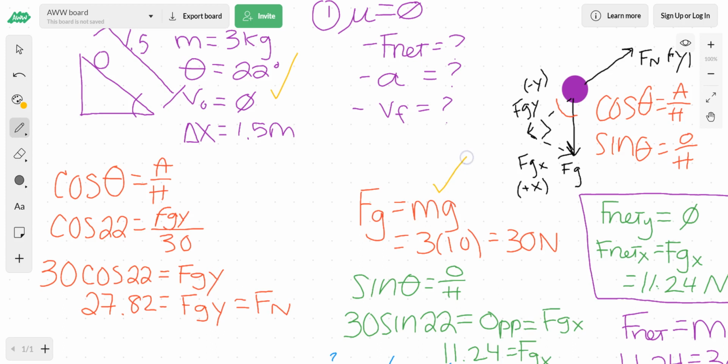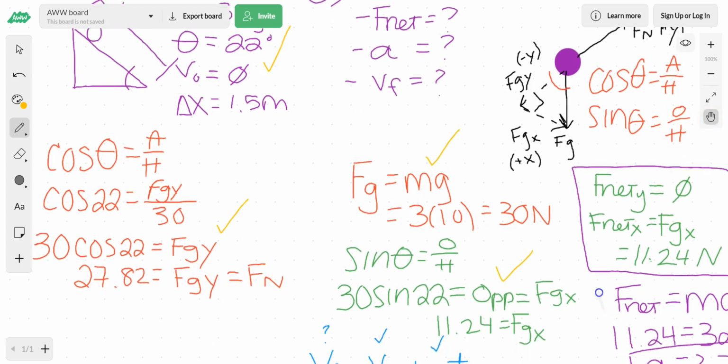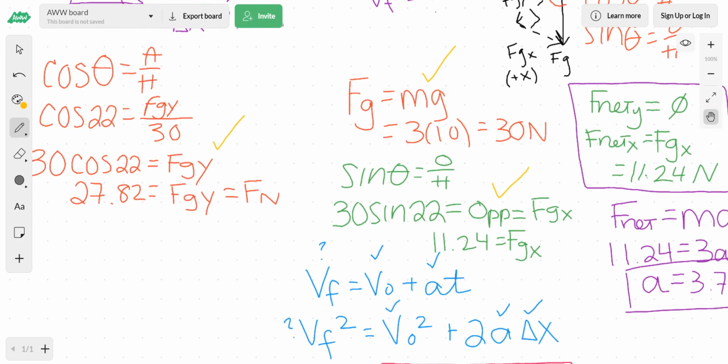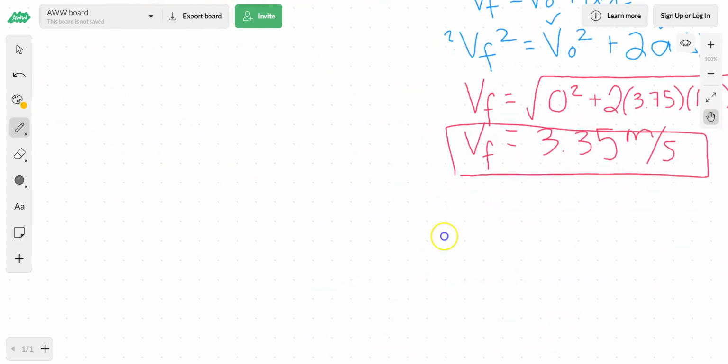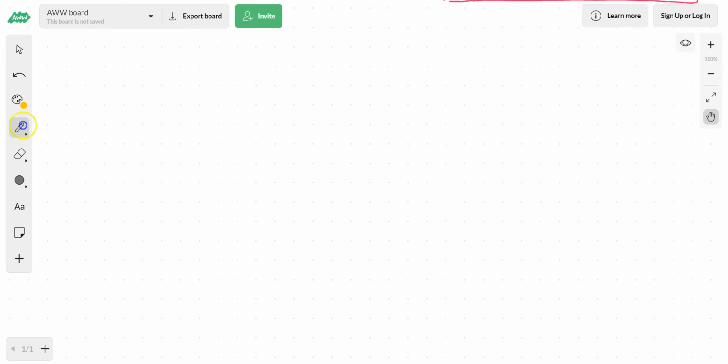Gravity does not change because that does not include a coefficient of friction. So therefore, FGY doesn't change and FGX does not change. Those things stay the same. What does change is that the net force in the x direction now includes friction. So F net x is no longer the same. So what do we know from the problem we just calculated?